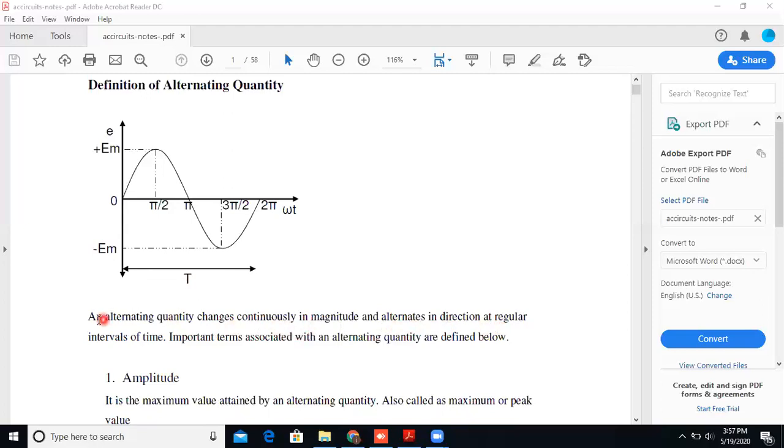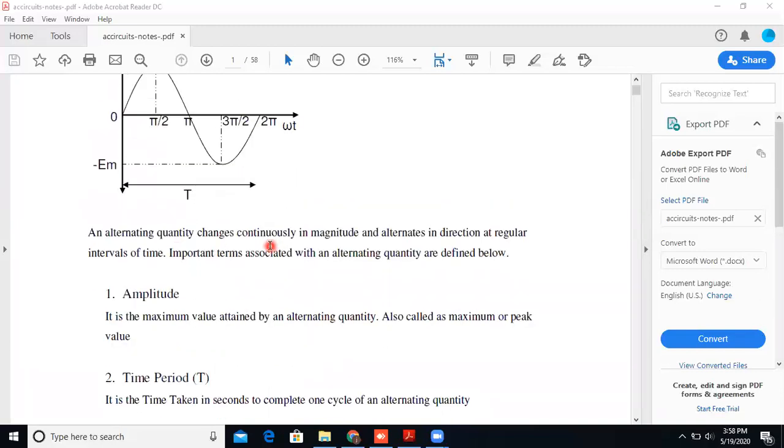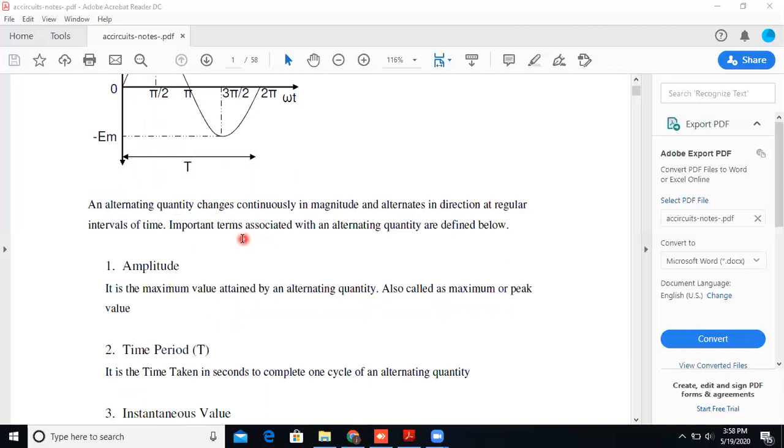At each and every instant of the time period, the value of voltage varies, and it is positive and negative at regular intervals. 0 to pi is positive, pi to 2 pi is negative. From here to here the interval is pi, and from here to here the interval is 2 pi. Now let us see some definitions about this alternating quantity.